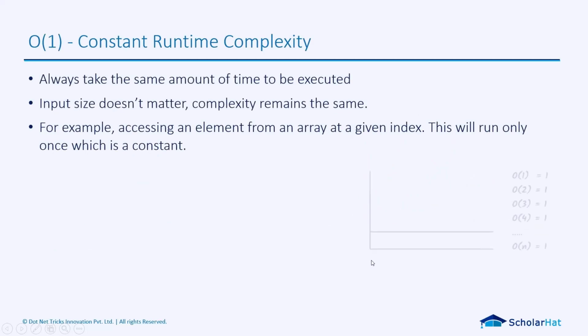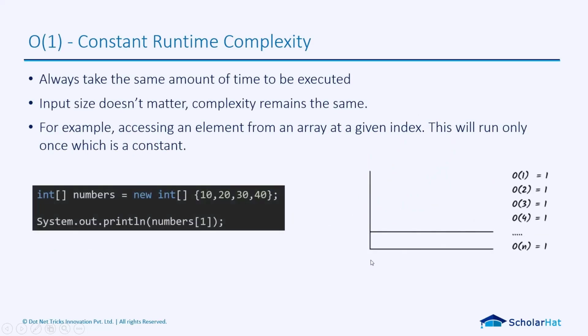So first thing is O of 1. How does O of 1 running time complexity happen? It always takes the same amount of time to execute. It doesn't depend on the input. Input size doesn't matter, complexity remains the same. For example, accessing an element from an array at a given index runs only once, which is constant. Suppose you want to print this 30, or here it is taking index 1, so 10 is index 0, 20 is index 1.